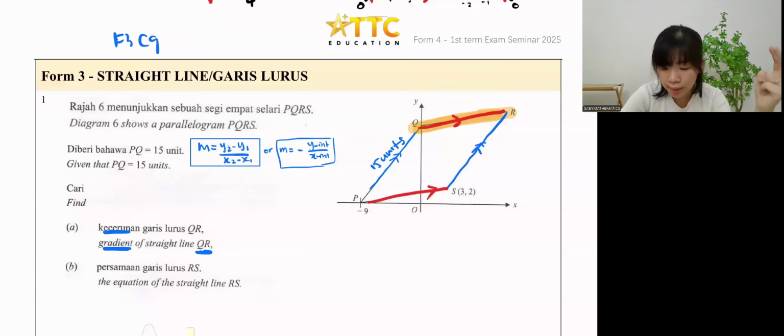Do we have two coordinates on this line? We don't have any coordinate on this line. If we don't have, it's okay. You can always borrow from a friend, another parallel line. We can use PS. Correct? Are two coordinates given?